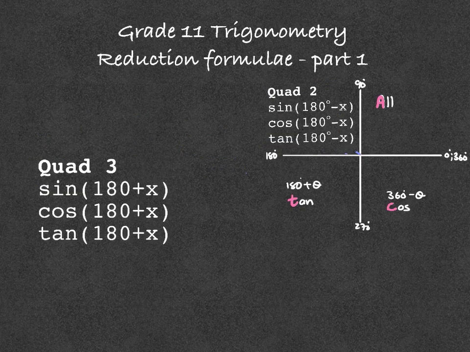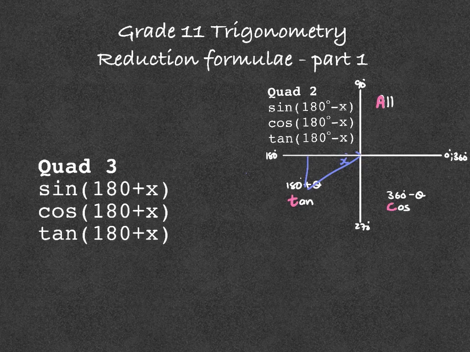In the third quadrant, that's where it's 180 degrees plus that reference angle. So your triangle would look something like that, where x is there. An example would be sine of 210, where x is equal to 30 degrees. So what happens in the third quadrant? Only tan's got a positive ratio.